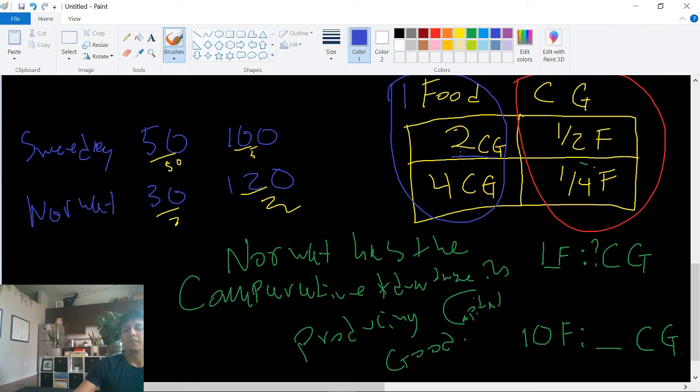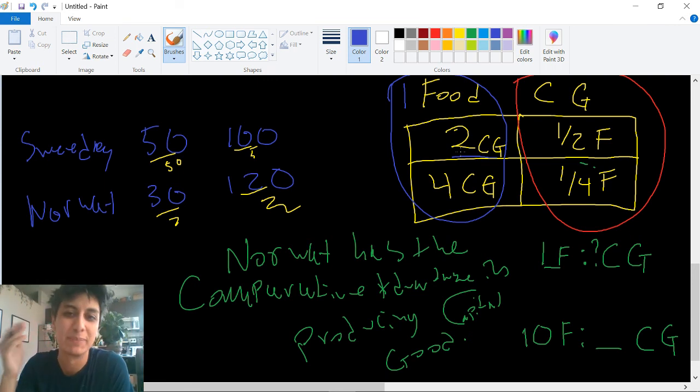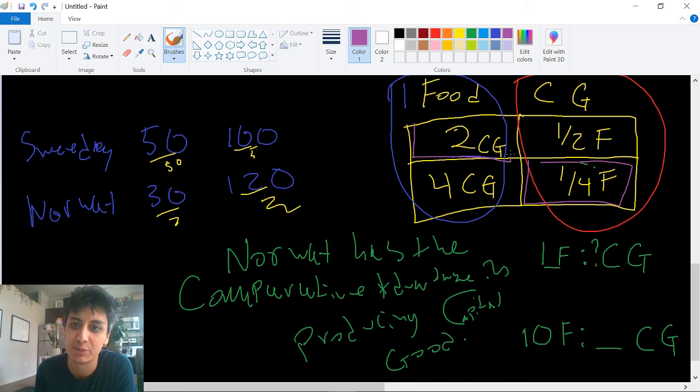And super shortcut is we're just picking a number in between 2 and 4. Why are we doing that? Well, there's a long explanation. If Norway is producing capital goods, that means Sweden is producing food.